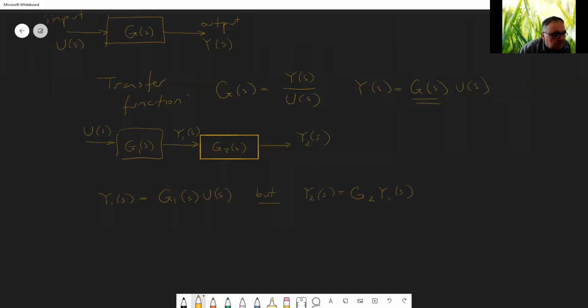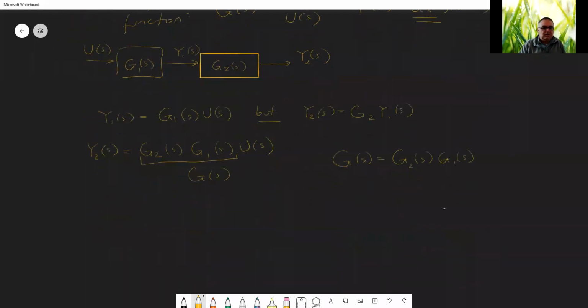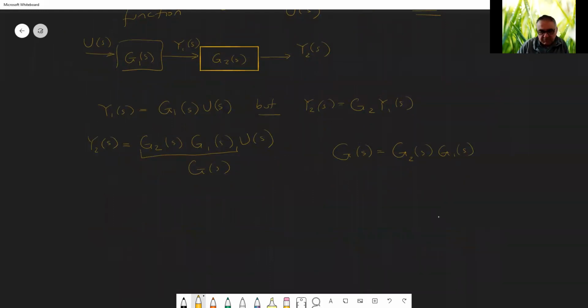So you can write Y2 of S, they are all Laplace transform functions, equals G2 times Y1, which is G2 of S times G1 of S times U of S. So the combined transfer function G of S is simply the multiplication of the individual transfer functions, G2 of S and G1 of S. The order of multiplication usually doesn't matter unless G1 and G2 are matrices, but usually they are not.